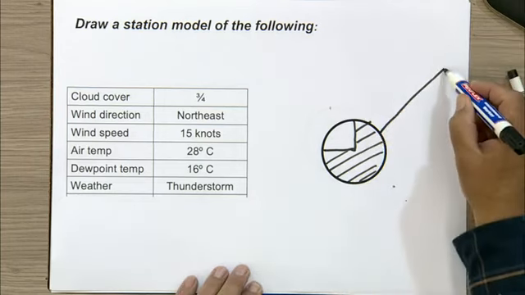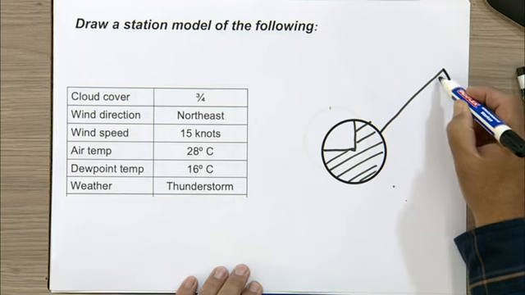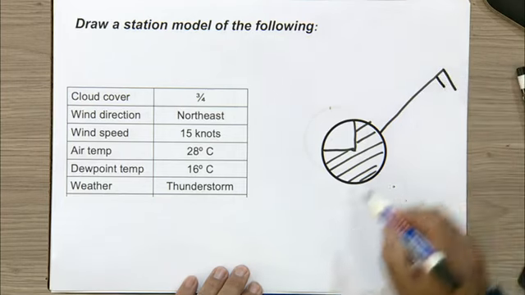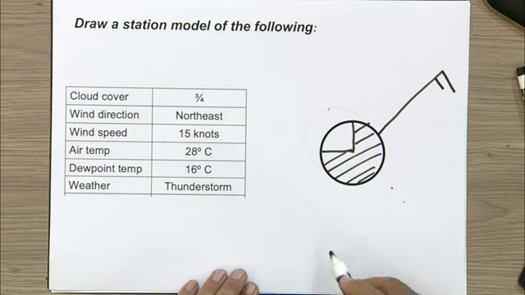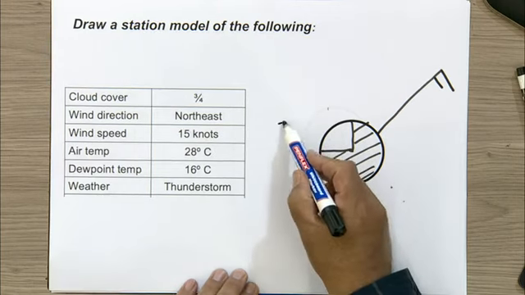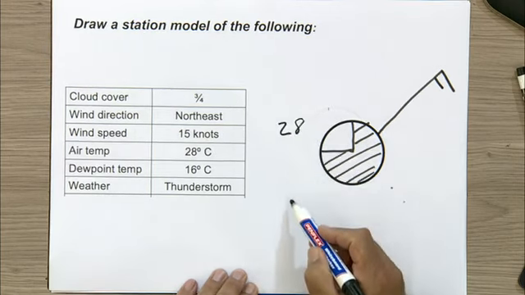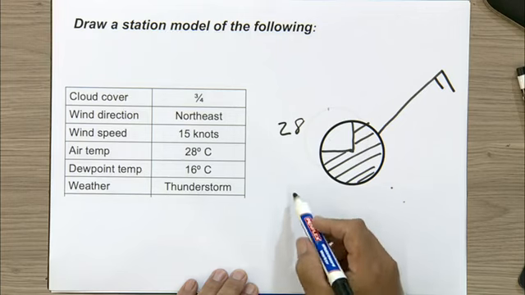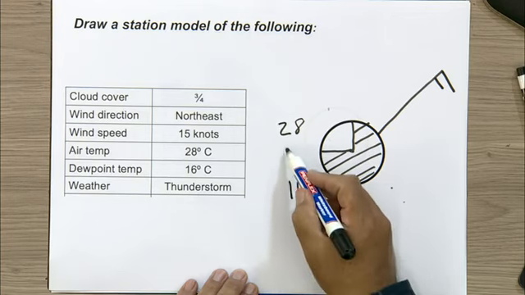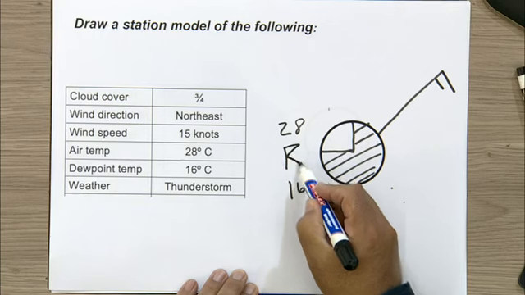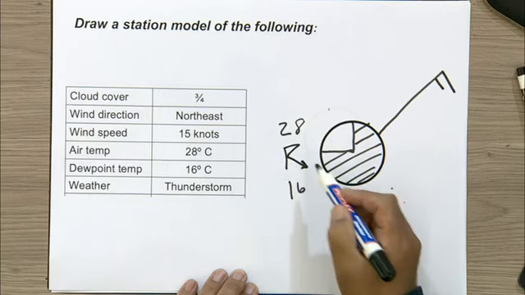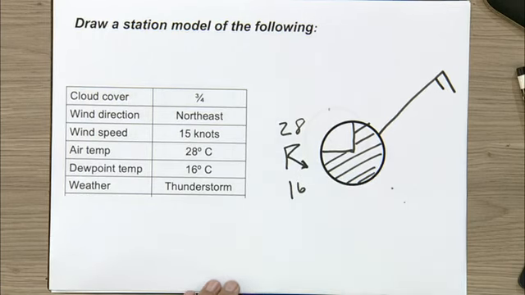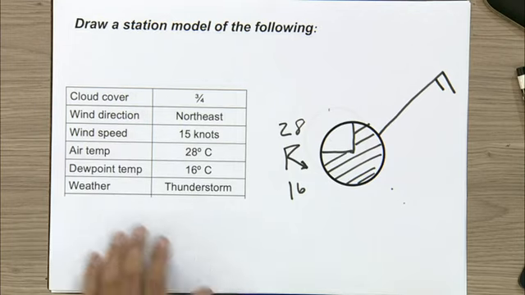And the wind speed has to be 15 knots. There we go. That's 15 knots. The air temperature has to be 28 degrees Celsius. Dew point is 16. And in this case, we have a thunderstorm forming. And that would be that particular weather station.